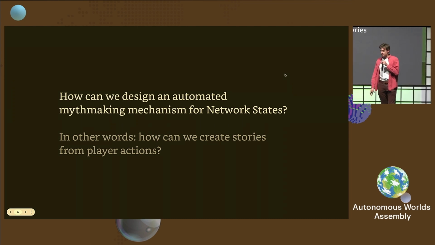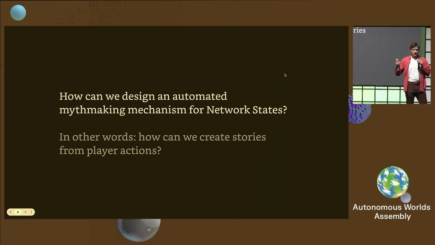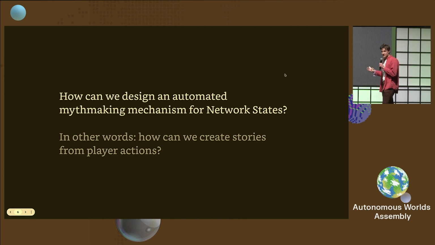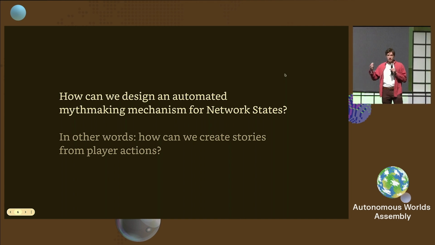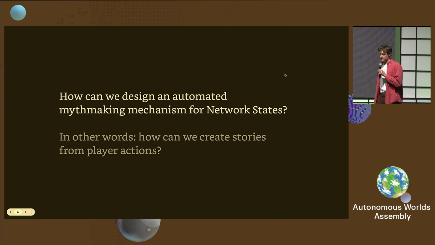And we really wanted to emphasize this idea of network states, like 21st century societies with all these kind of interesting and weird ideals and governance models. How can we get the game to generate that stuff automatically for us?